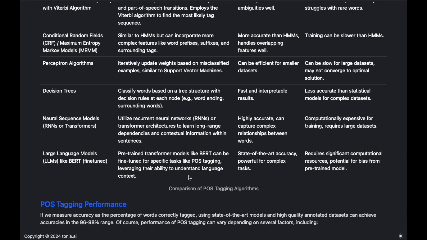This advantage includes state-of-the-art accuracy, so this is powerful for complex tasks. However, it does require significant computational resources, and of course there's a potential for bias from the pre-trained model.